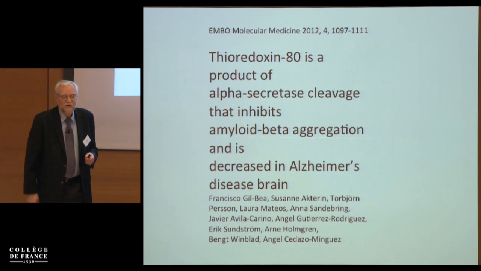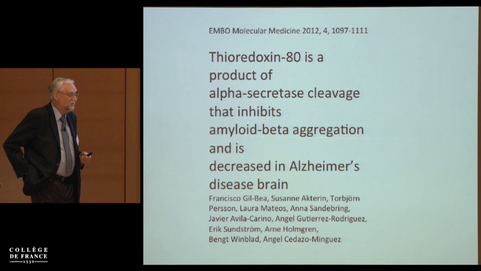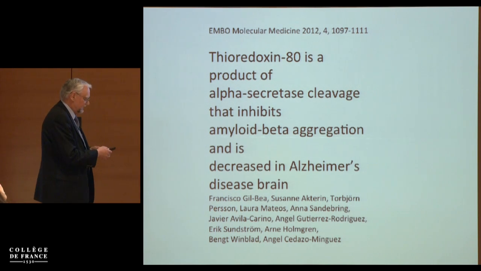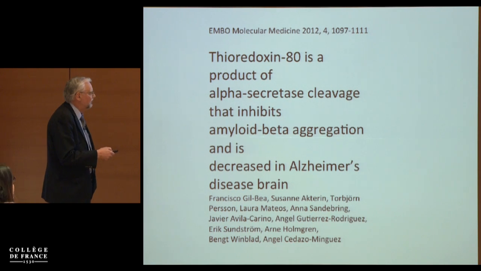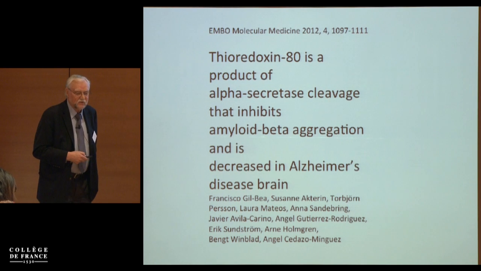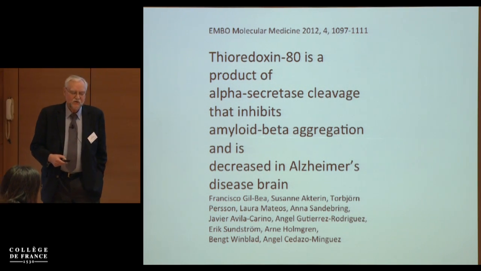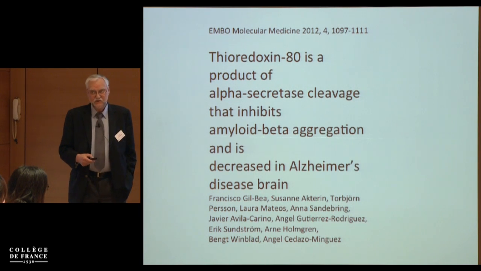Now, many years later, during the 2000s, Susanna Hilden first, and later Angel Cedazo-Minguez, who leads a research group at Huddinge in the Karolinska, headed by Bengt Winblad, a very strong center for Alzheimer research.